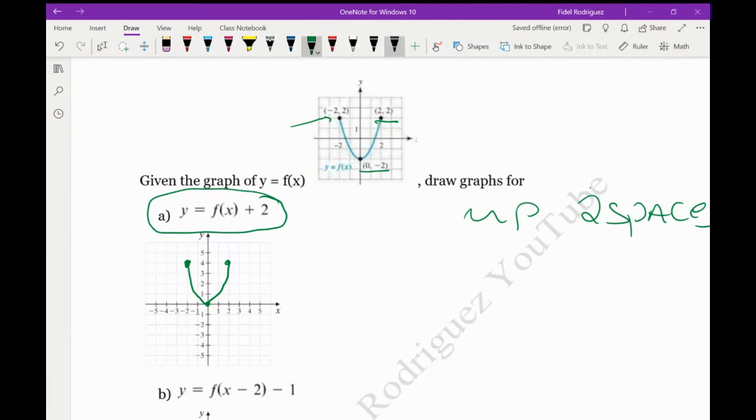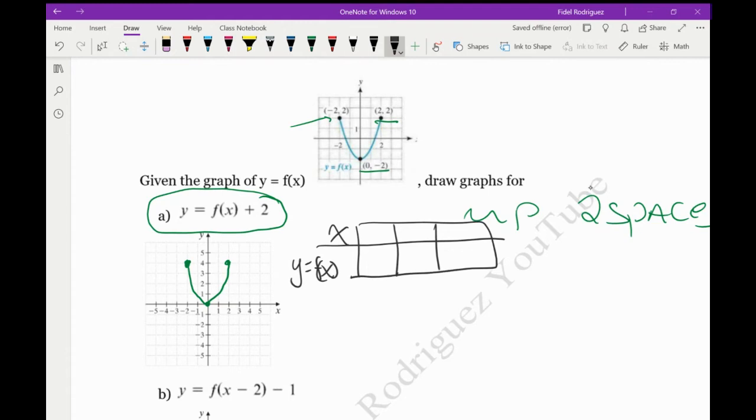Now again, guys, if it helps you, you can always do something like this and say, look, when x is -2, y is 2. When x is 0, y is -2. When x is +2, y is +2. And then what did I do to get these points?